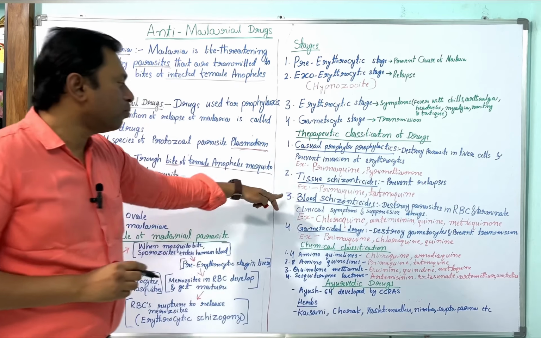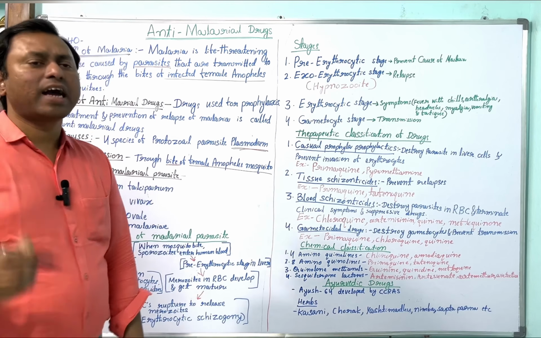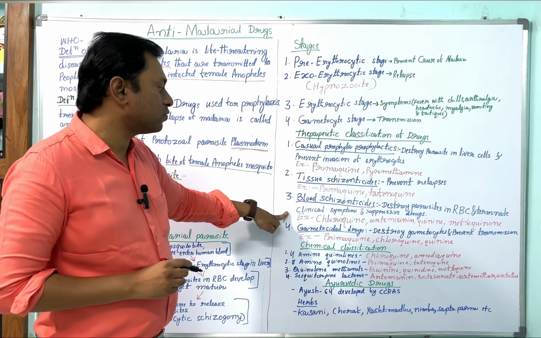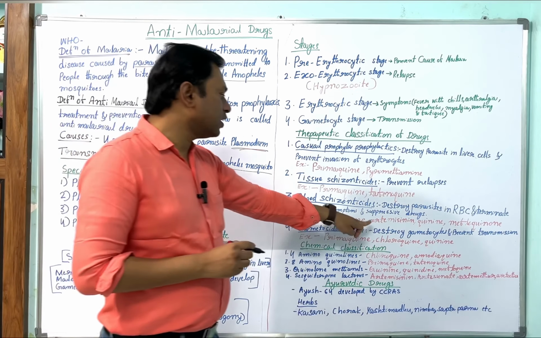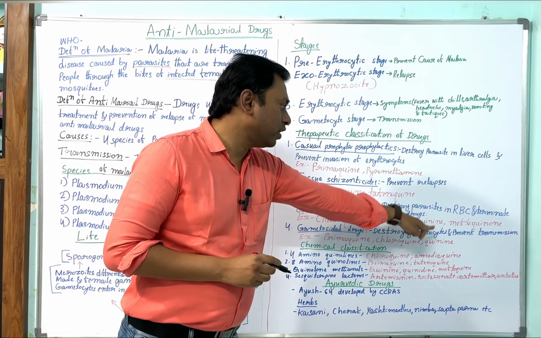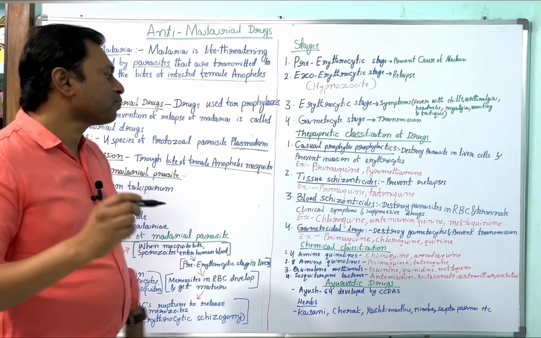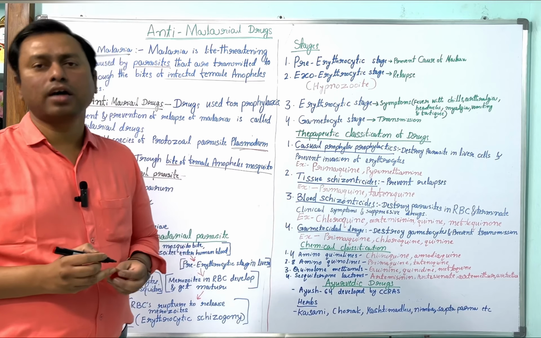The very common drug is chloroquine. Other than that, artemisinin, quinine and mefloquine. These drugs also act by destroying parasites in the RBC.